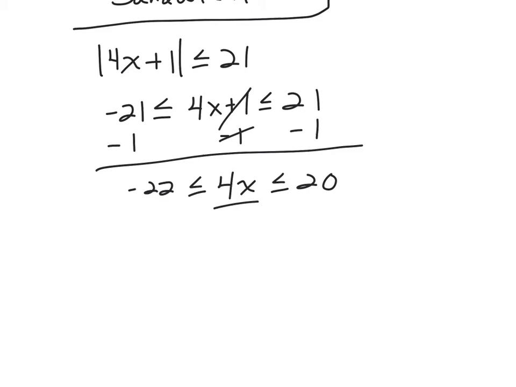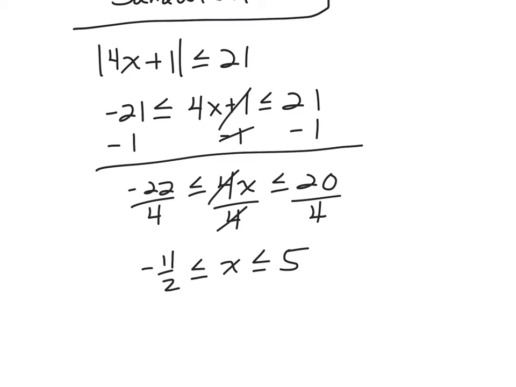Am I flipping signs? Nope, because I'm dividing by positive 4. Now 22 over 4, those are both reduced by 2 and make negative 11 halves is less than or equal to x. And 20 over 4 is 5. So here's our answer in set builder notation.